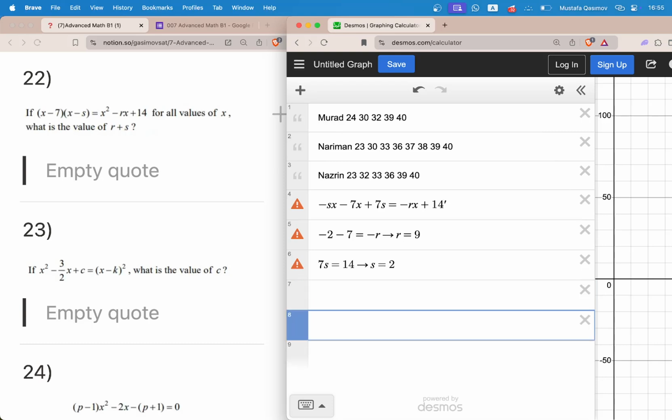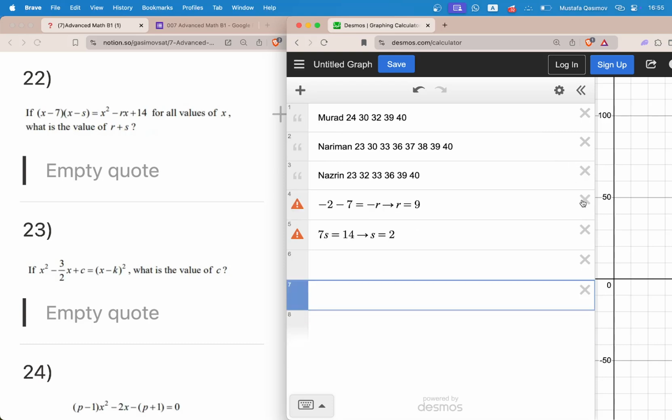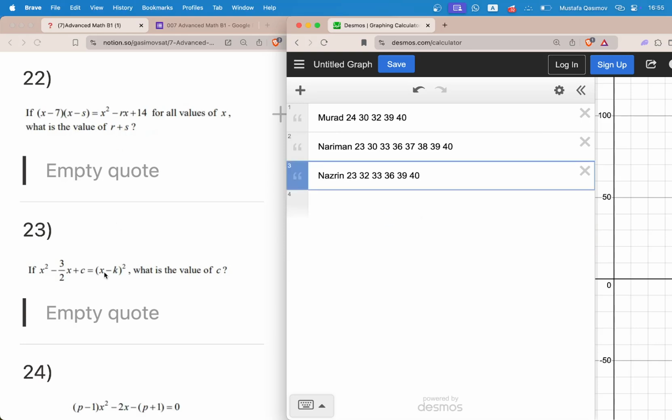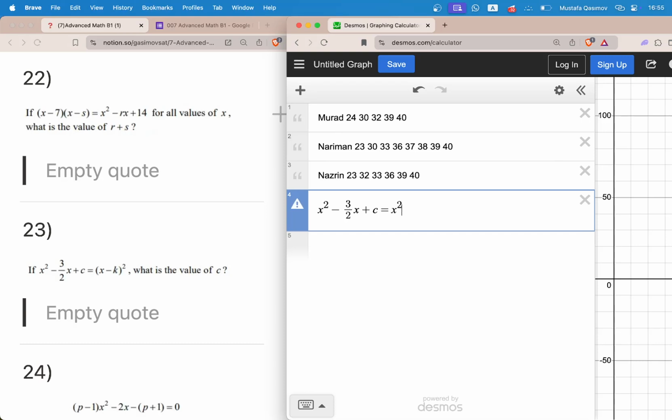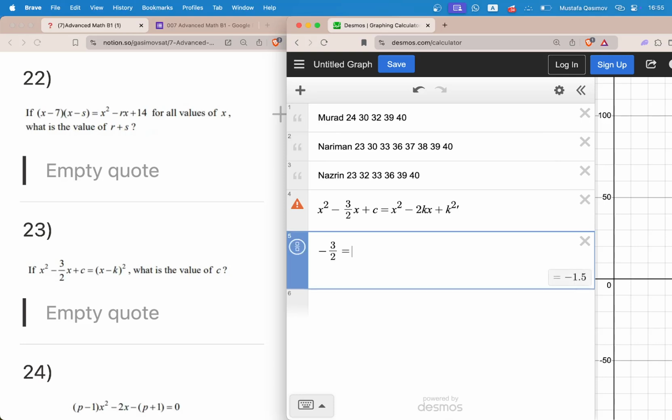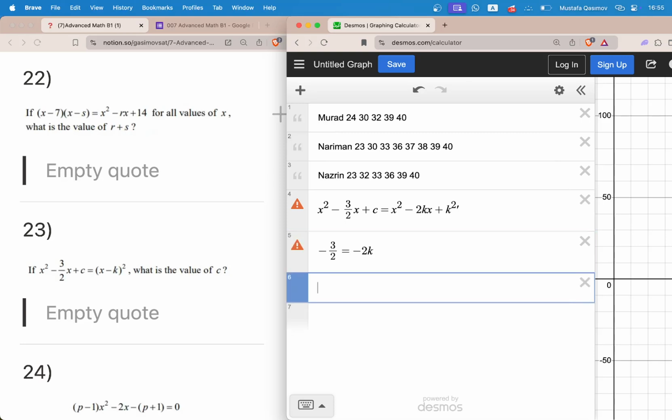Okay. For 23, it's also the same as that one. We have to just open it. x square minus 3 over 2x plus c is equal to x square minus 2kx plus k square. After that, we can say negative 3 over 2 is equal to negative 2k, and c is equal to k square.